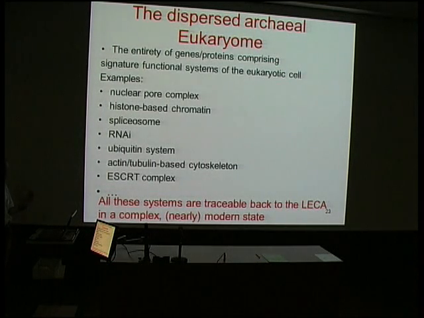So all these systems are traceable back to the last eukaryotic common ancestor in a complex, nearly modern state. So we had this strange impression that all these complex systems came out all at once, like basically Aphrodite from the foam in the Mediterranean, in the emerging eukaryotic cell.